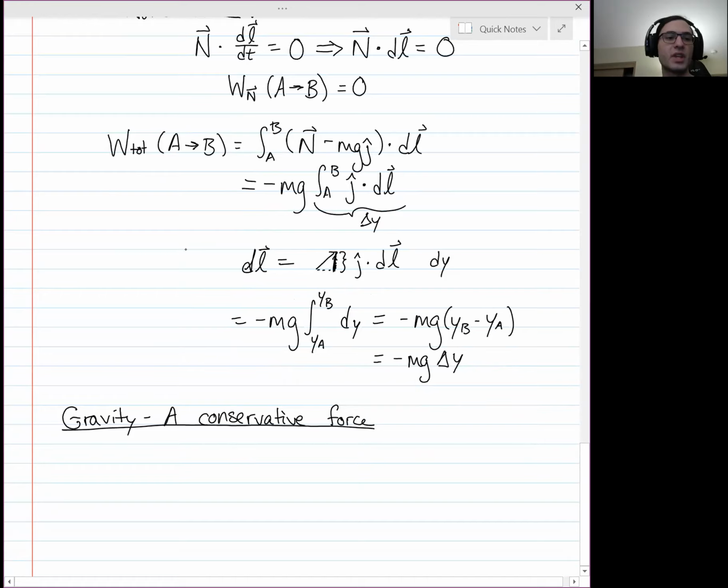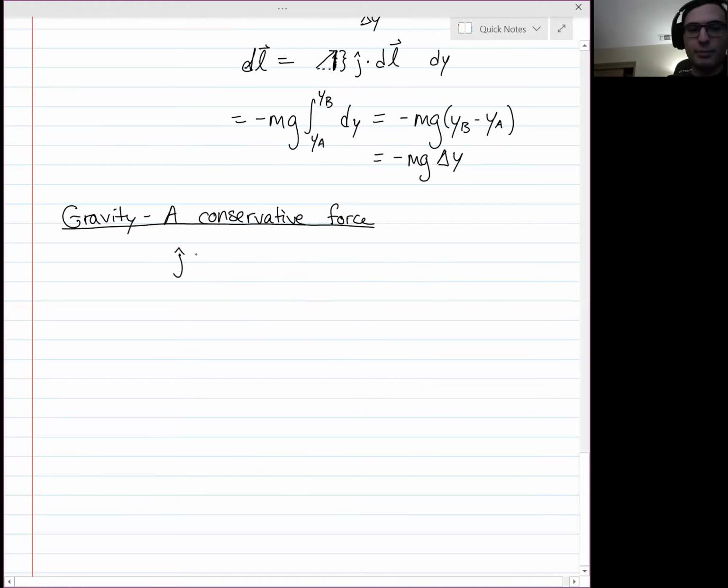I briefly went over that, but j dot dl is the projection of dl. Remember that the dot product just means the projection of one vector along another vector. It's the projection of dl in the vertical direction.